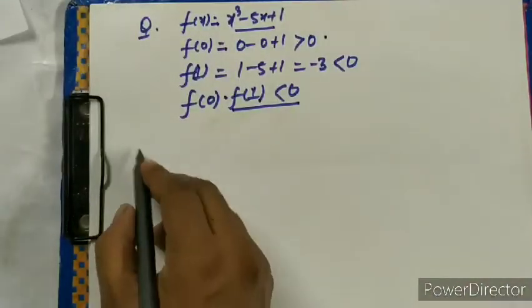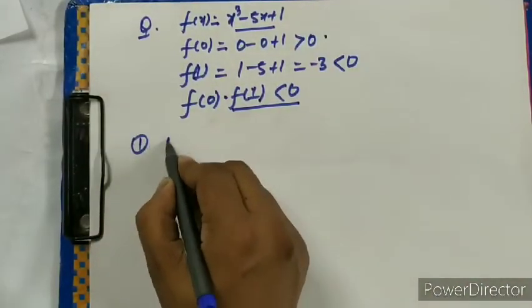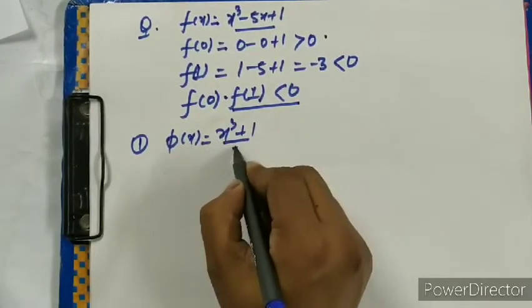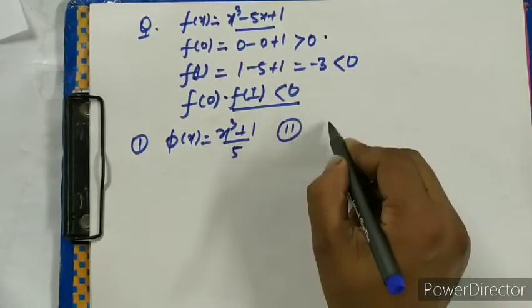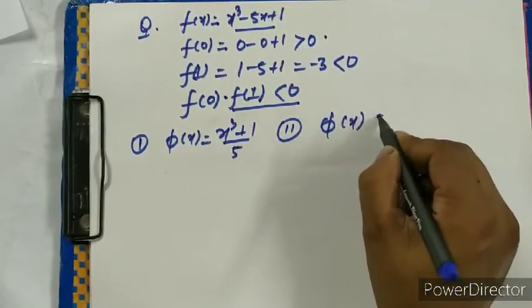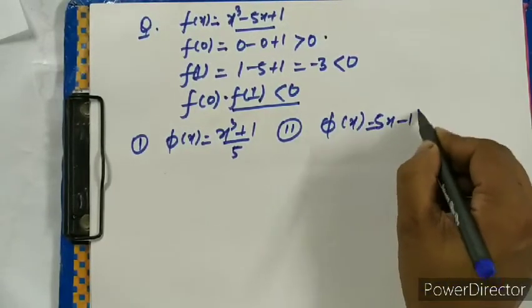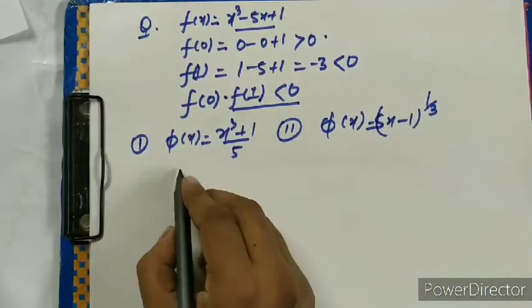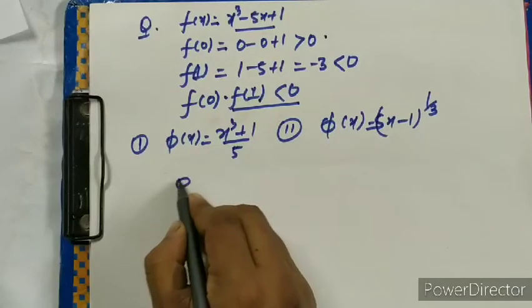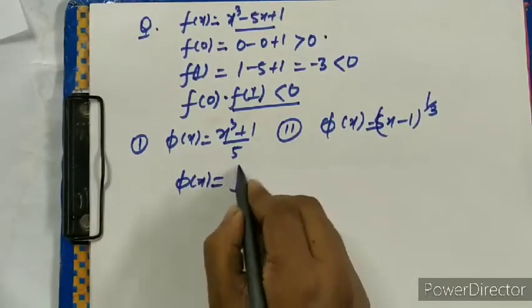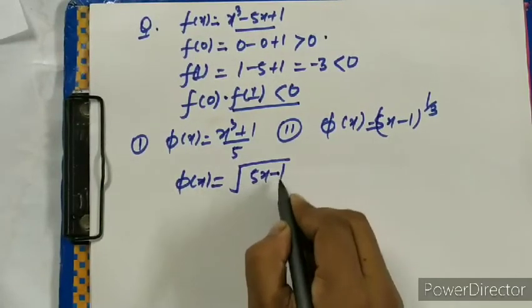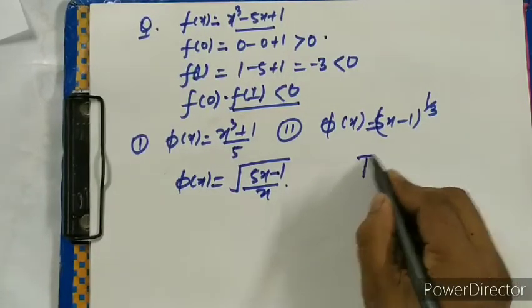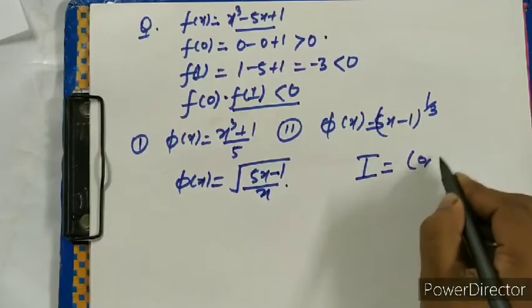So 5x is equal to x cube plus 1, second x is equal to (5x minus 1) whole to the power 1 by 3, and x is equal to under root of (5x minus 1) divided by x. Here we take interval I equal to [0, 1].